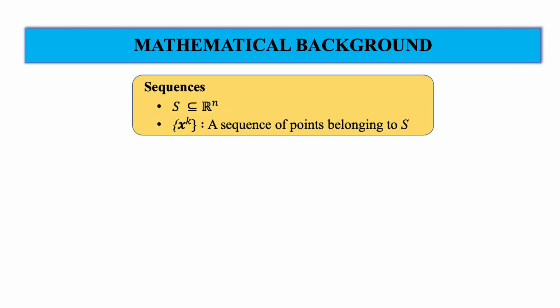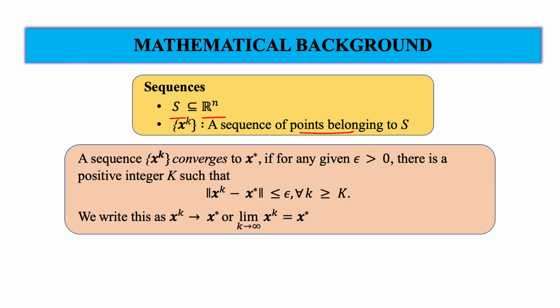We move on to the definition of a sequence. So let S be a subset of Rn and xk be a sequence of points in the set S. So the sequence xk converges to x star if for any given epsilon greater than 0 there exists a positive number k such that the distance between xk and x star is less than or equal to epsilon for all the elements of the sequence whose index is greater than k.